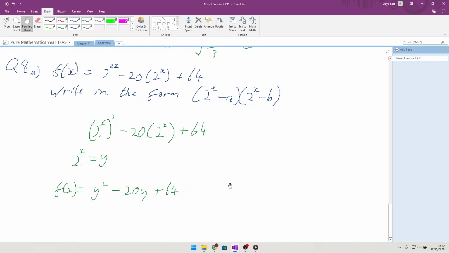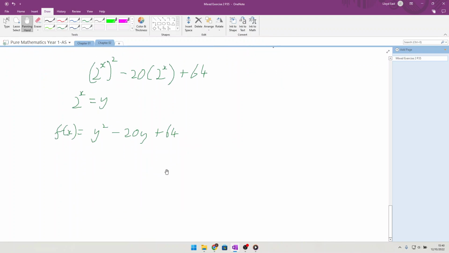If we factorize that now, because it looks like a standard quadratic, we are going to end up with y's there, y's there, and then we are going to end up with a 16 and a 4.